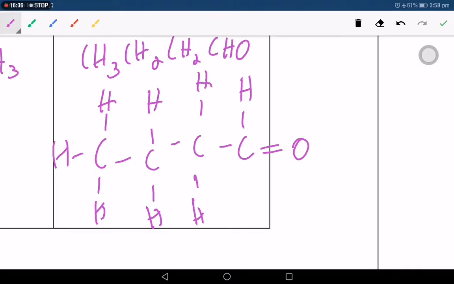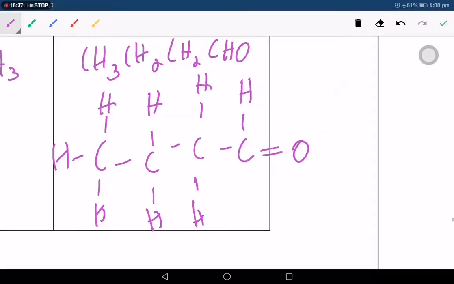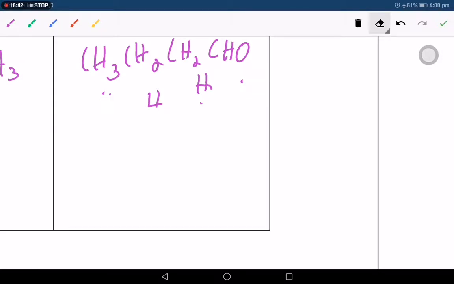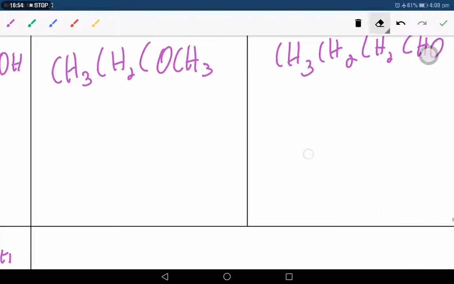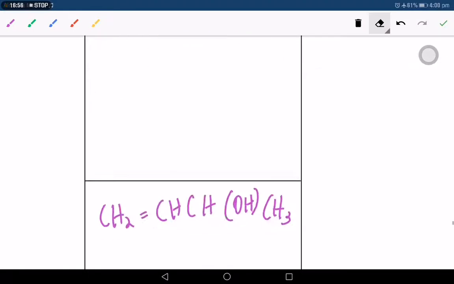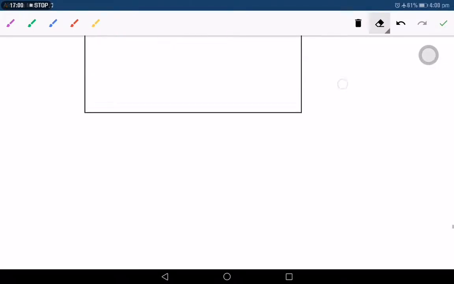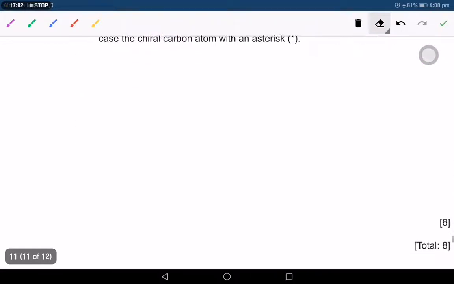Oh, but there's a double bond here, so it's not possible. Okay, can it be this one? Which one can it be? So okay, I'll draw it out. I'll show it to you.